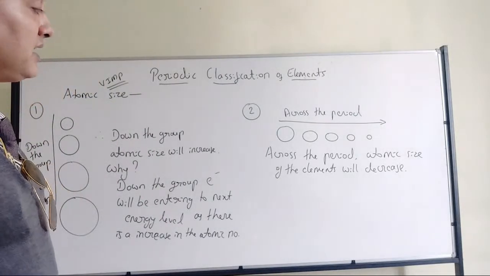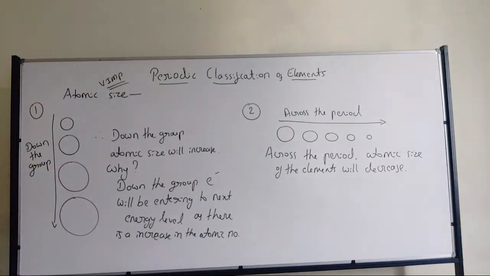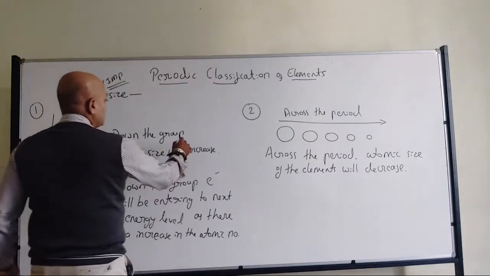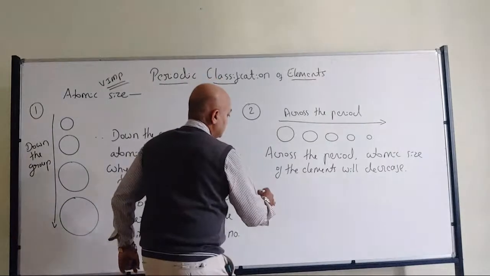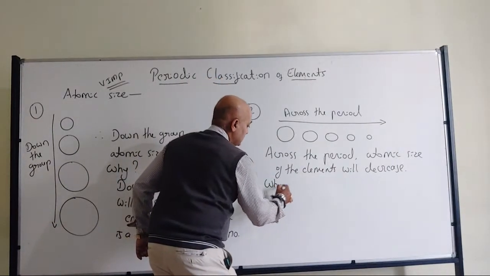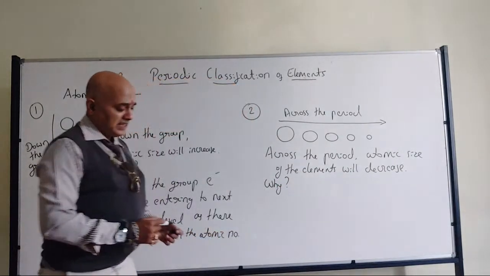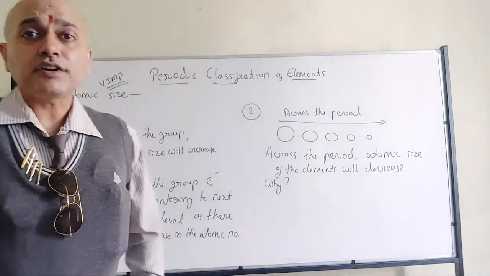Down the group, atomic size will increase. Now the question here is, why is there a decrease in the atomic size across the period?